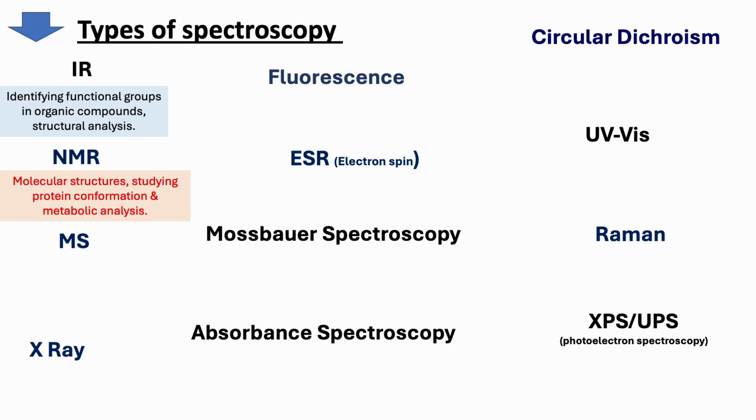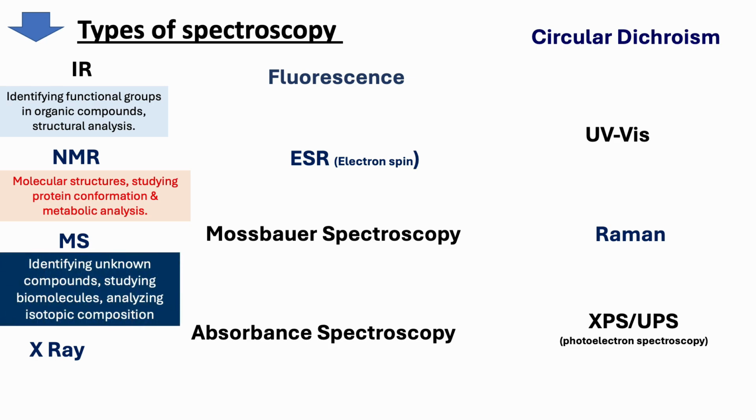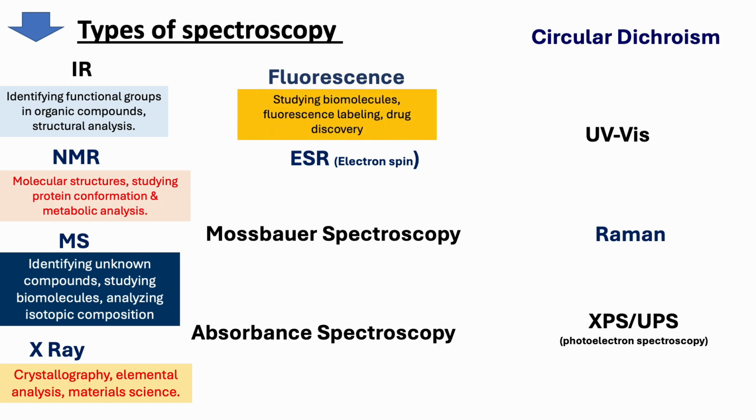On the other hand, mass spectroscopy is generally used in identifying unknown compounds, studying biomolecules, analyzing isotopic composition, followed by X-ray, which helps to study crystallography, elemental analysis, and material sciences.